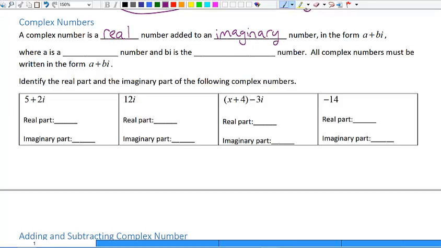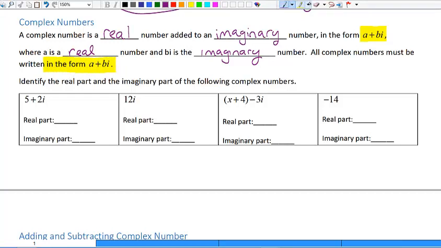This is super, super important. A plus bi form, where a is the real part, it's the real number, and bi is the imaginary number. All complex numbers must be written in this form, a plus bi. You have to put it in that form.